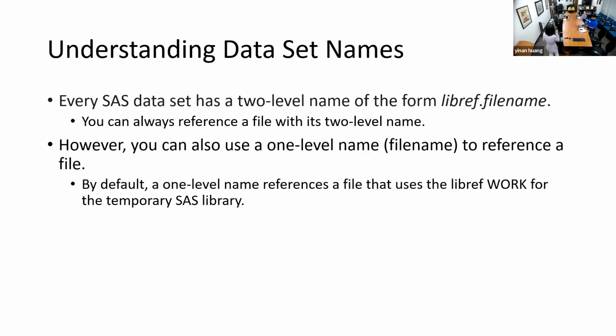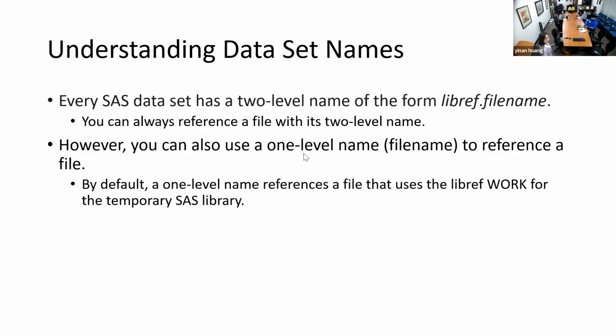The libref is the library name, and the file name is the name of the SAS data set. If you assign a library, the data will be in the libref you assign, but if not, it will be assigned to work dot data set. And the work dot, you don't need to write it. It will automatically be assigned to the work dot file.